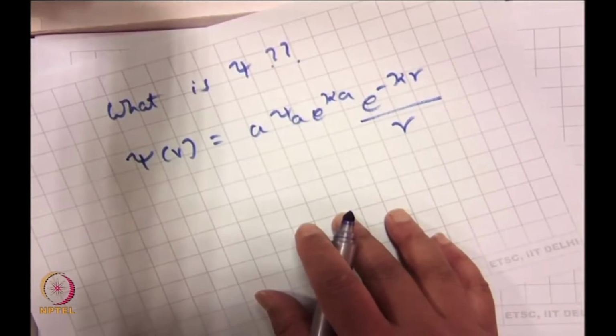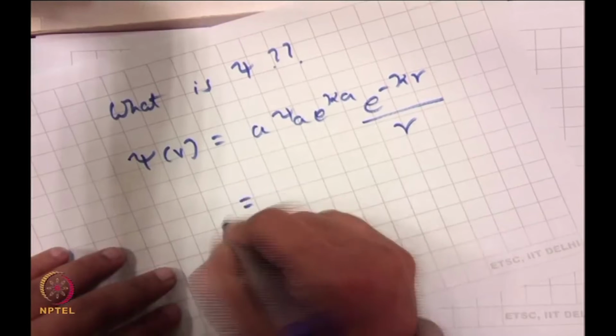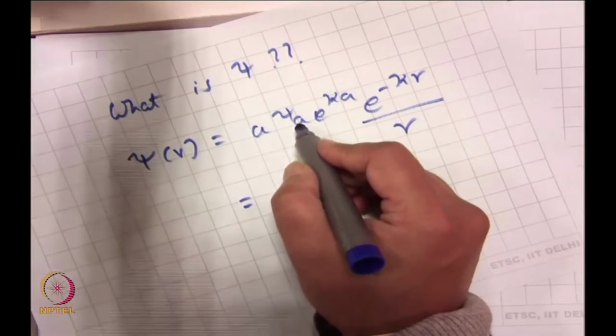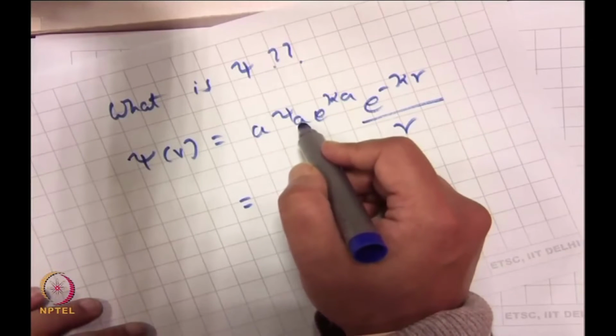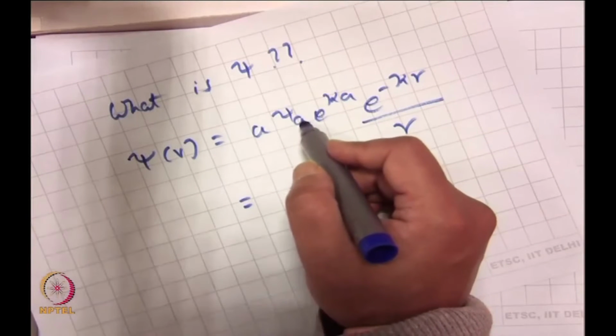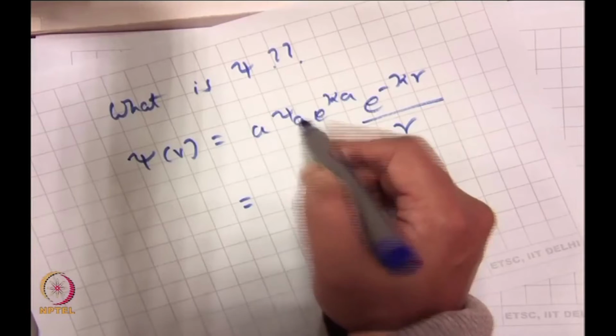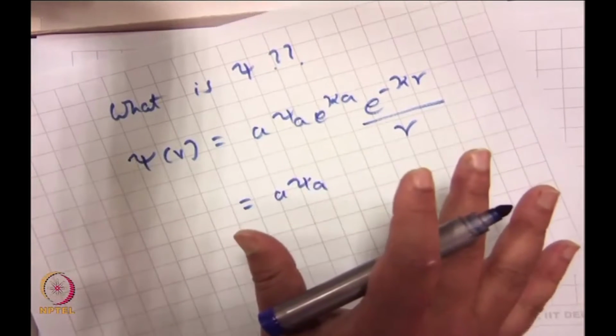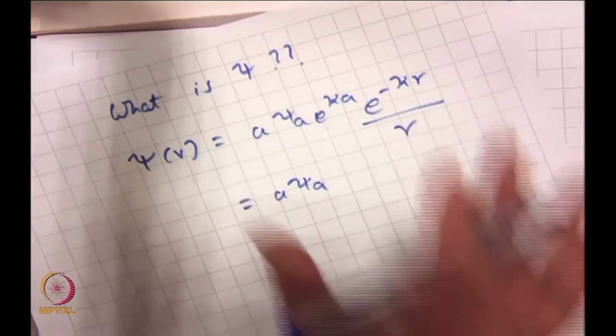Now, understand the significance of this. So, a psi of a, what is it? The radius of this protein as a sphere. Psi of a is what? The charge at distance a. So, this is essentially a constant, we do not worry about it. What are you going to worry about now?